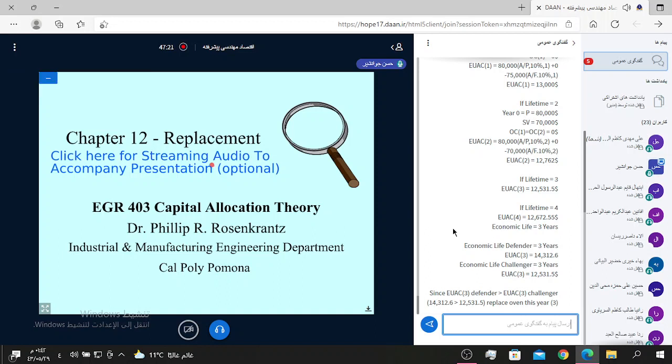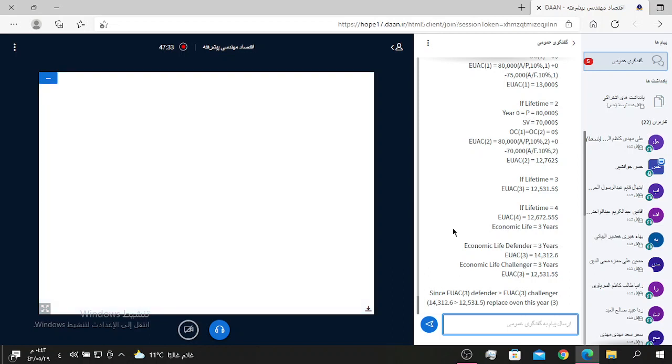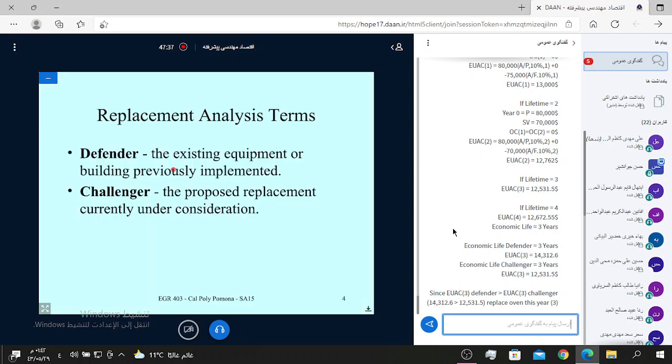For replacement: the Defender is the existing equipment previously implemented.